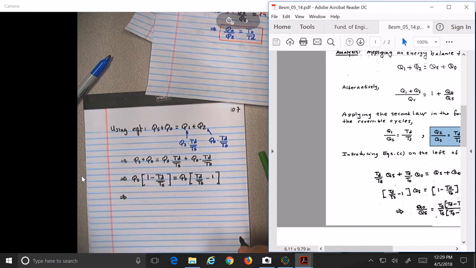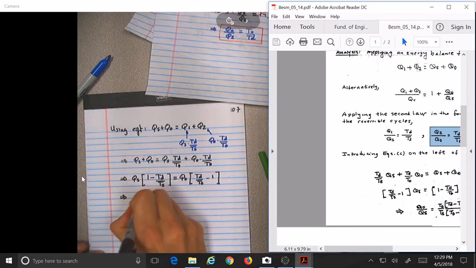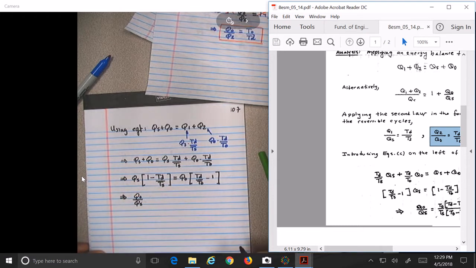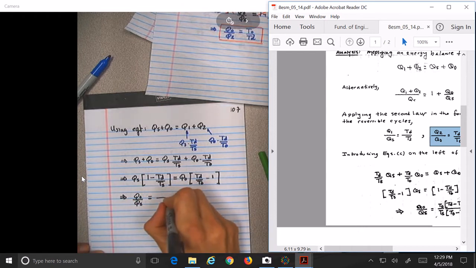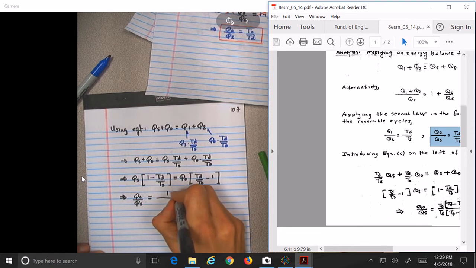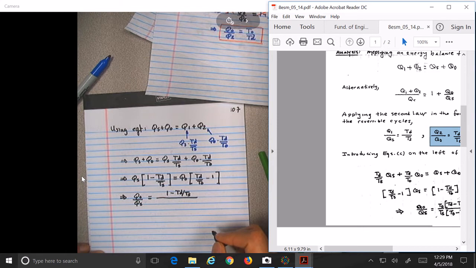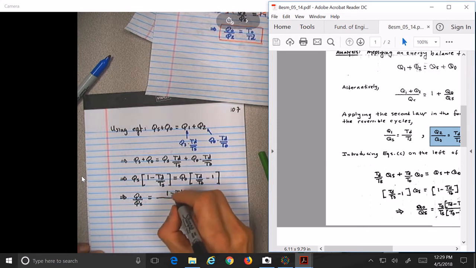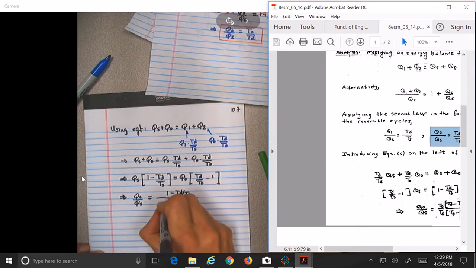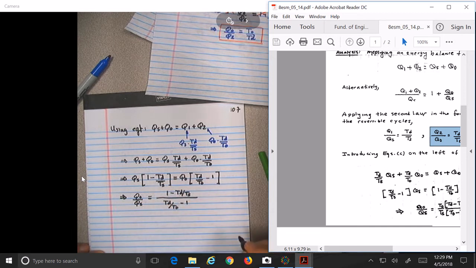And now is where we're going to use that expression that we got before that we thought we could not use, which is the Q. So now we write Q0 over QS will be equal to what? 1 minus TD over TS divided by TD over T naught minus 1.